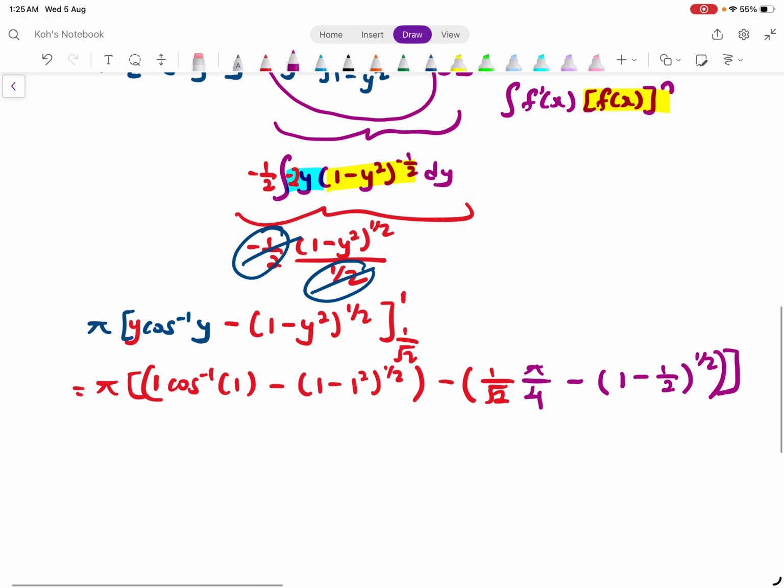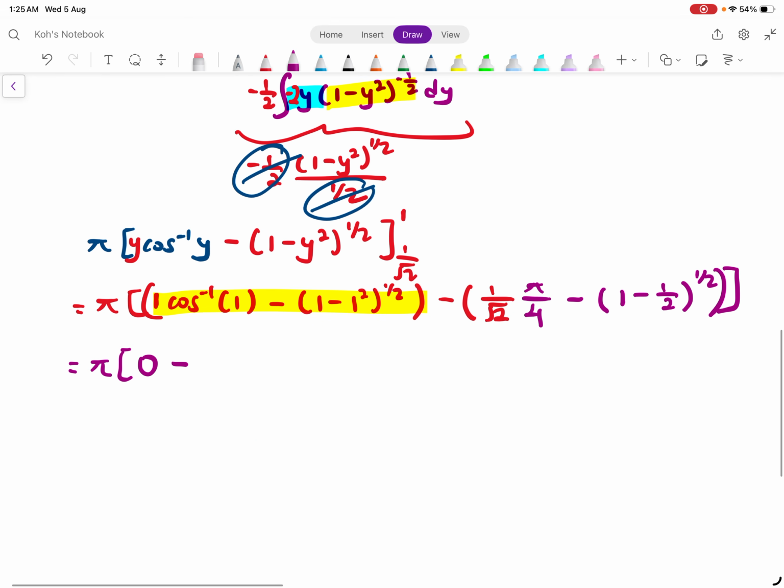So with this, this will become pi, and the whole thing right here will become 0. So it's just 0 here. So 0 minus, okay, let's do the simplification of this thing. So this thing will be, I put a minus sign first, pi over 4 root 2, put a bracket, and minus of half.